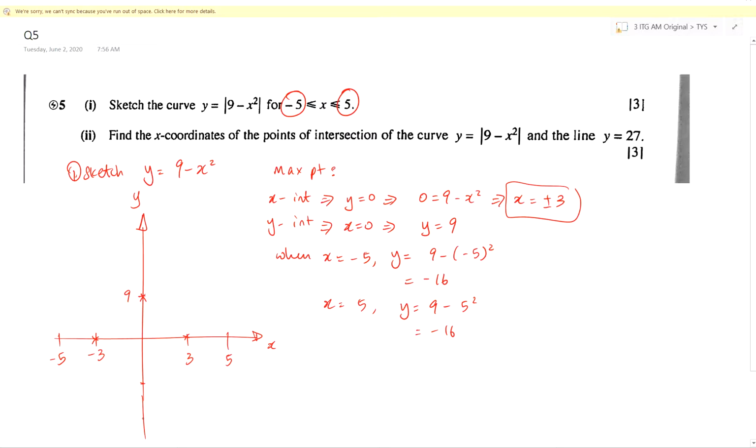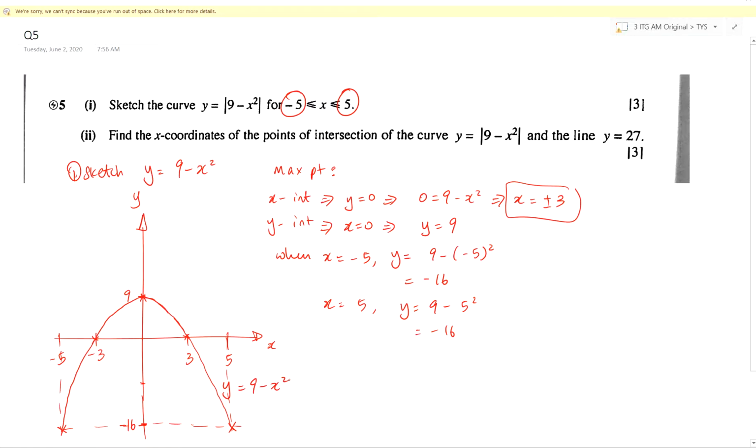Negative 16 is less than that by about 2 times. So you approximate somewhere around here. This will be my negative 16. So these are my additional 2 more points. So here if we join them, we should get a parabola. Join with a smooth curve, as smooth as possible. Okay, this is my graph of y equals to 9 minus x squared.